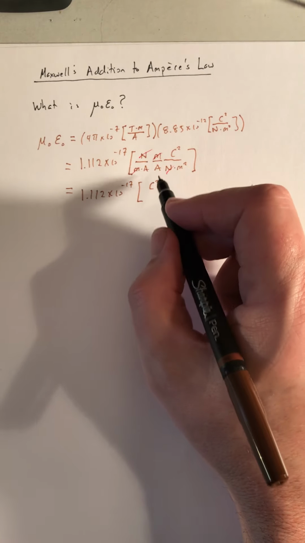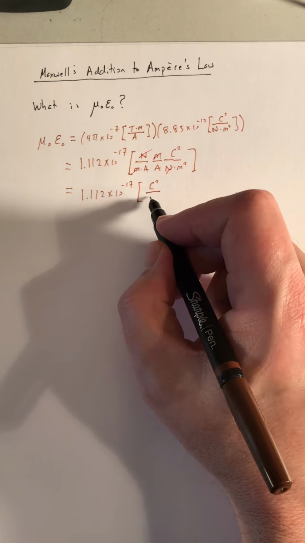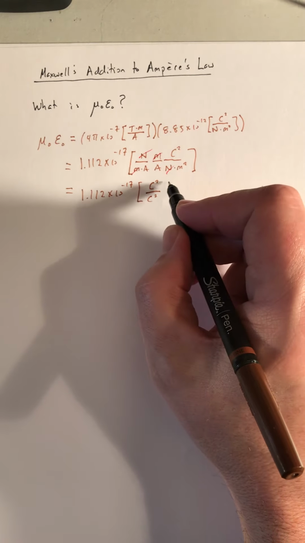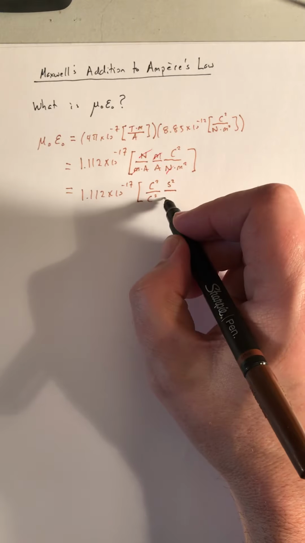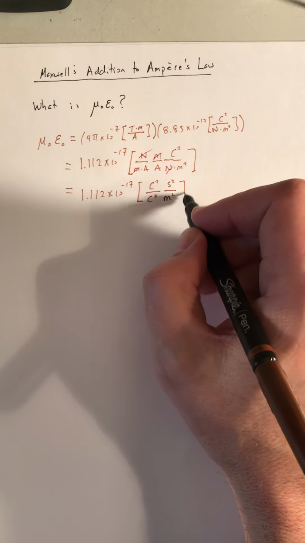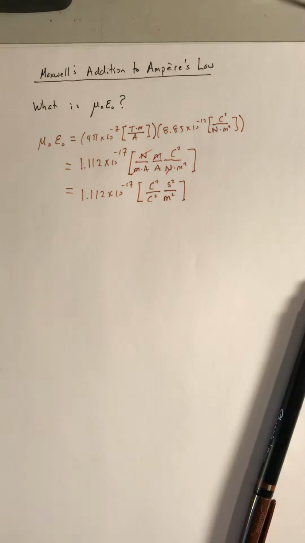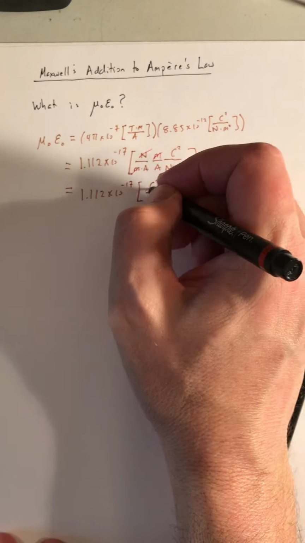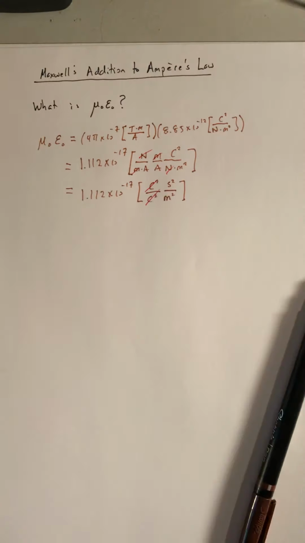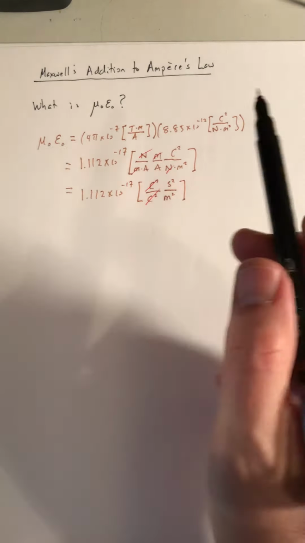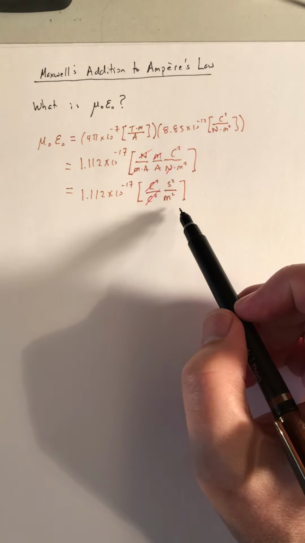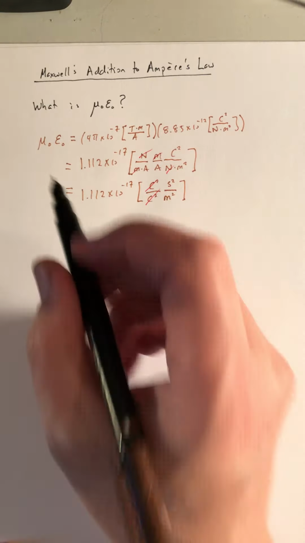I have an amp squared in the denominator, which is going to give us Coulomb squared second squared in the numerator, and I still have this meter squared. So obviously the Coulomb squared over the Coulomb squared cancels out. So mu naught times epsilon naught has units of second squared over meter squared, which is interesting.